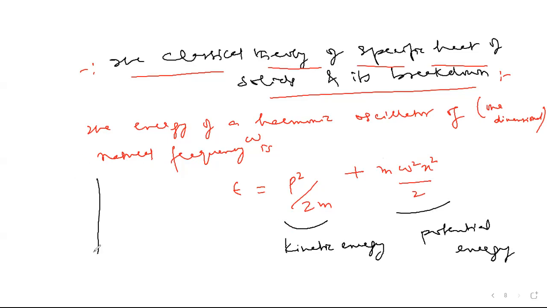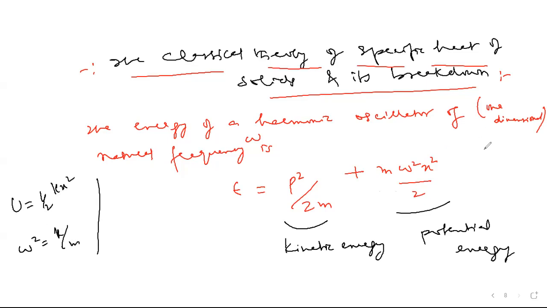Remember, I said that potential energy of a harmonic oscillator is half kx square, and there's a relation omega square is k by m. Sorry, there's no under root when we write square. So if you combine these two, you will get potential energy as half m omega square x square.